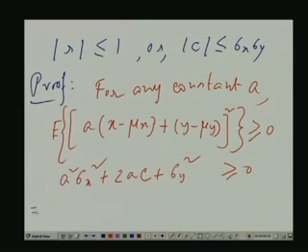But this we can write as A square sigma x square, twice A sigma x times C by sigma x, so twice A C comes. So we bring in another extra term, C square by sigma x square, so that has to be cancelled.